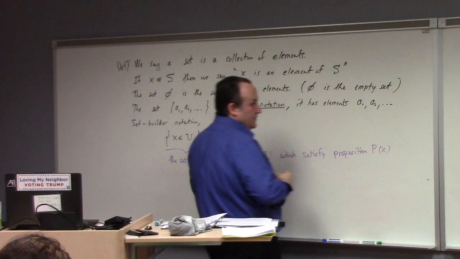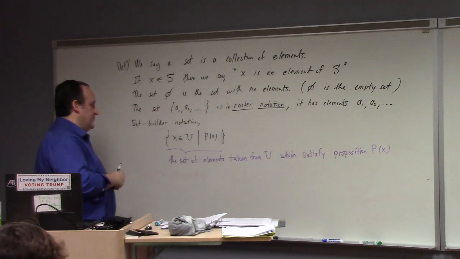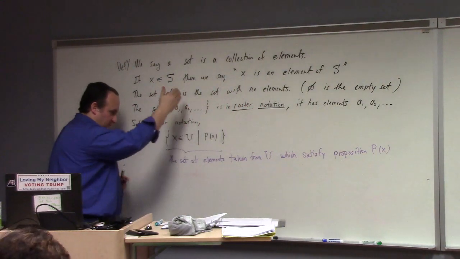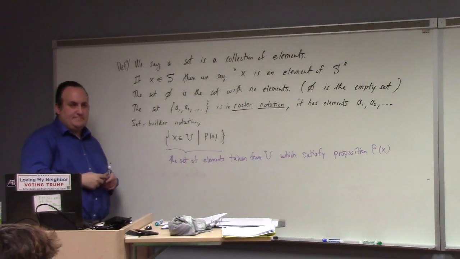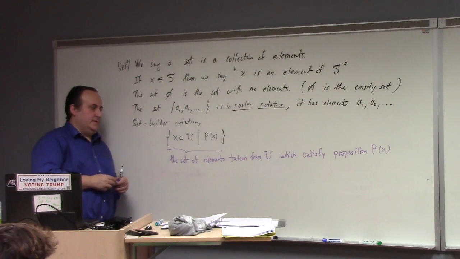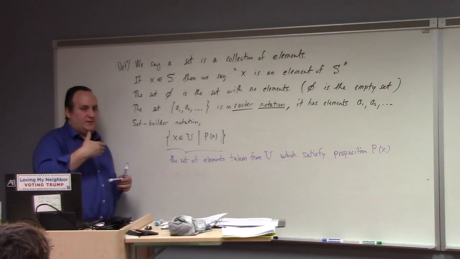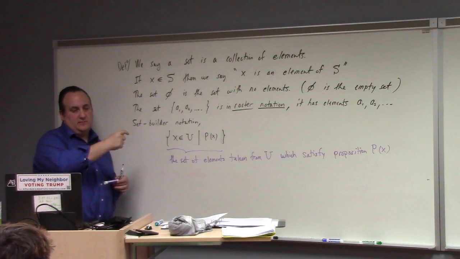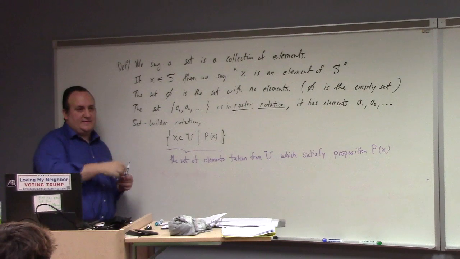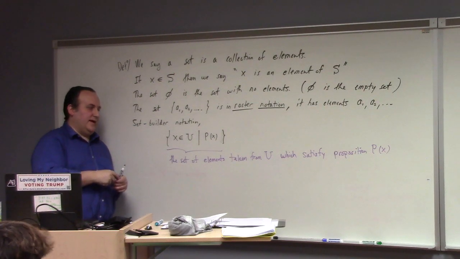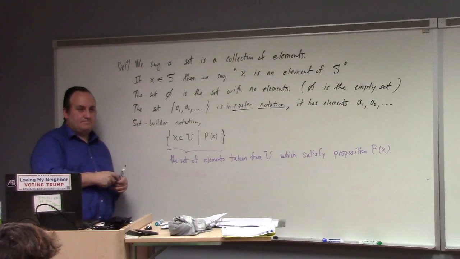All right. So in other words, in the set builder notation, the vertical line can be read "such that." Whatever comes to the left of the vertical line, that's the elements in the set. Whatever comes to the right of the vertical line, that's the condition which perhaps binds the elements in that set.